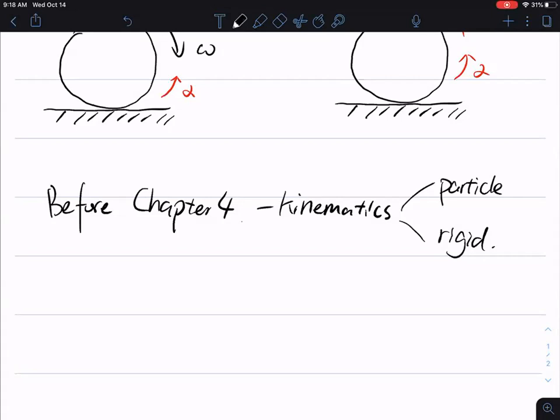Does a particle have an instant center? Raise your hand if you think no. Why doesn't it have an instant center?